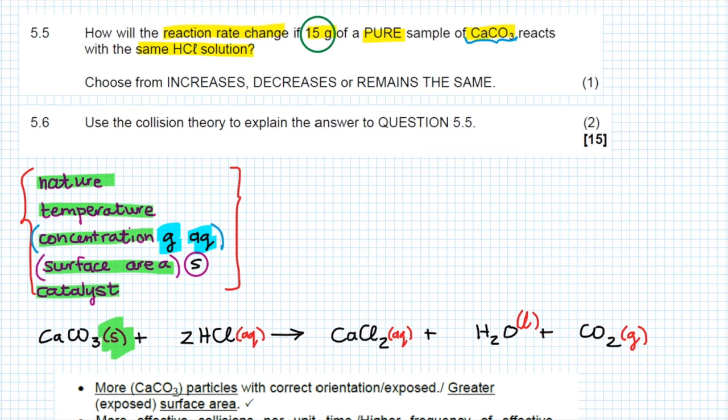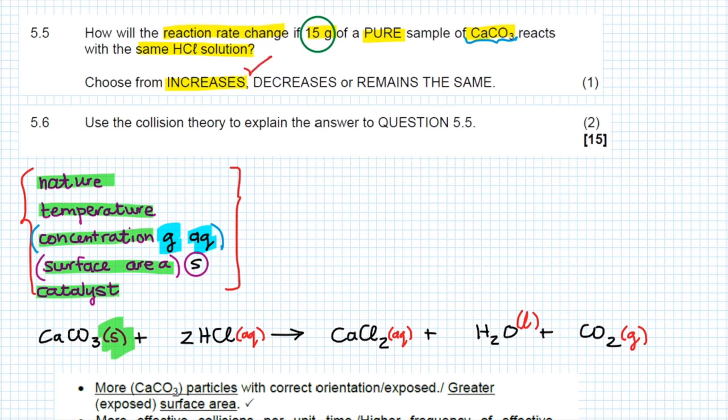If we have a larger surface area for the calcium carbonate, then of course the reaction rate is going to increase. There is more space for the hydrochloric acid particles to interact with the calcium carbonate and for more effective collisions to take place per unit time. So for writing down the word increases, you're going to get 1 mark.